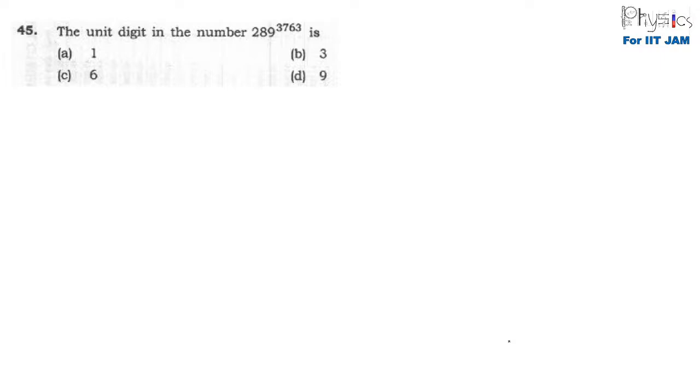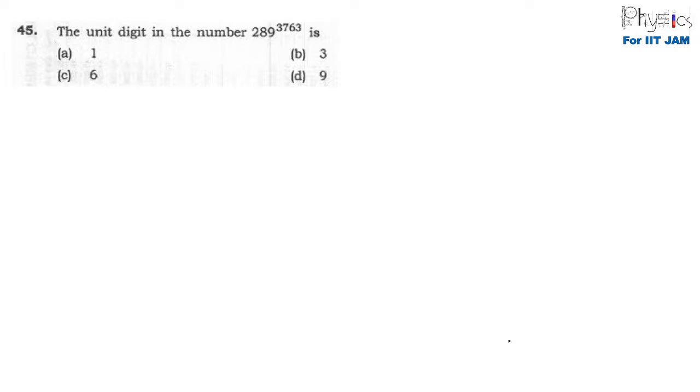So here the question is to find the unit digit in the number 289 to the power 3763. Now you may tell me that we can find it in our calculator. No, it will not provide the answer for this question.